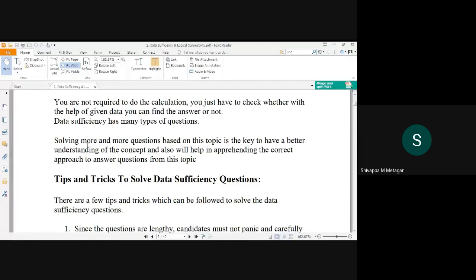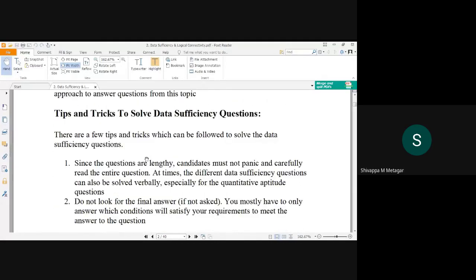Solving more and more questions based on these topics is the key to having a better understanding of the concept, and it will also help in finding the correct approach to answer questions from this topic. Some tips we have to use.